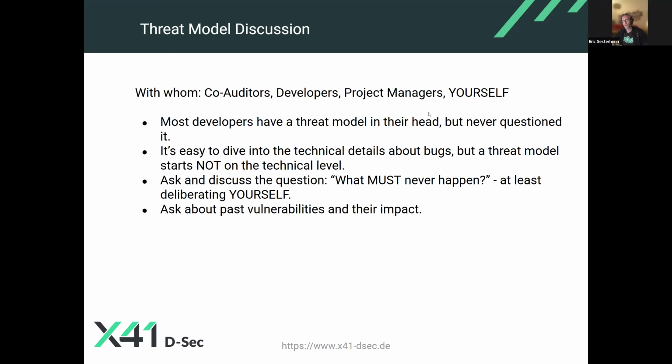Especially discussing it with the developers is very often super fruitful, because in most cases you get the first few bugs for free, because you're challenging the beliefs that the developers have about the threat model. Quite often that's when they recognize they have some architectural or design issues in their code.